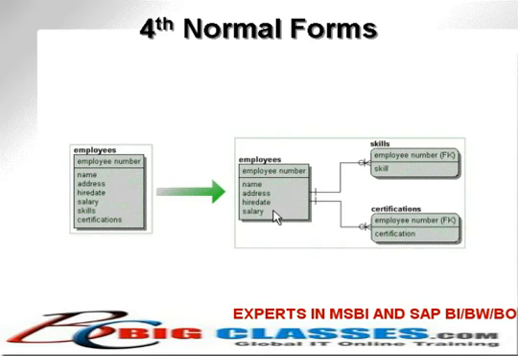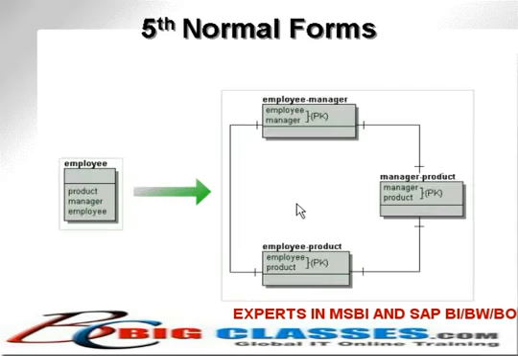Let's go to fifth normal form. In some ways I actually find fifth normal form a little easier to explain. In this object here, employee, we have product, manager, and employee. In theory, each of these items is related to each of the other items. So therefore, because you could end up with composite indexes across each combination, as in product, manager, employee, or just product, manager, manager, employee, product, employee, manager, employee, etc. The list goes on.